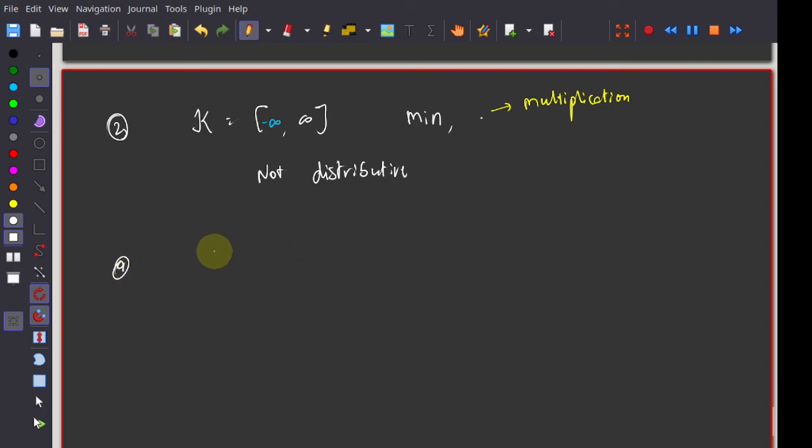Okay, so now let's take the same set 0 comma infinity, but instead look at max and product. Is the max operator commutative? Yes. Is it associative? It is. What about identity? What about the second one?